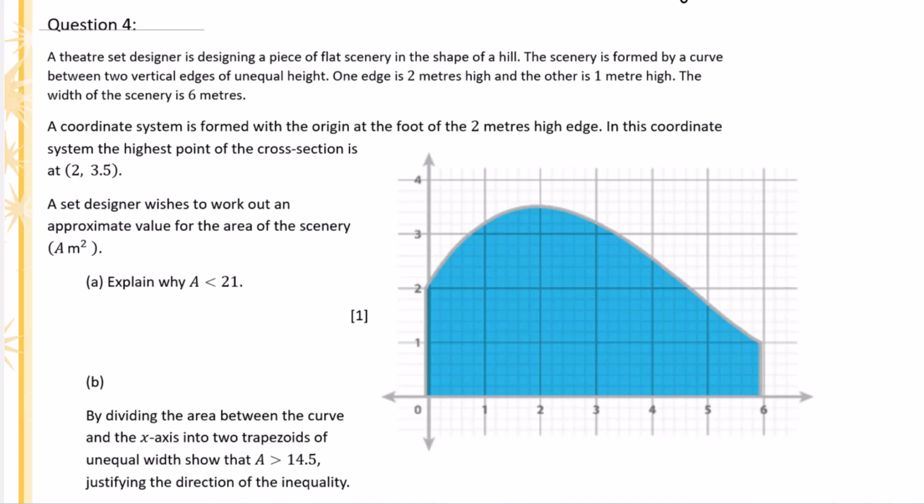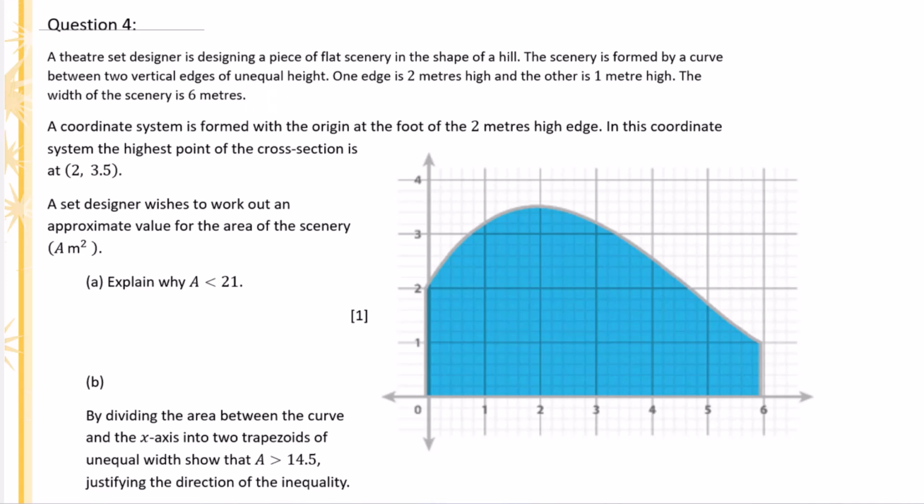Question 4. A theater set designer is designing a piece of flat scenery in the shape of a hill. The scenery is formed by a curve between two vertical edges of unequal height.